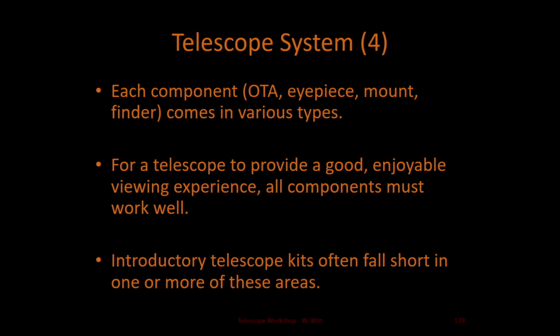Each of these components, the optical telescope assembly, the eyepiece, and so on, come in various types. We'll talk about those. For a telescope to provide a good, enjoyable experience, all of these components must work well. That's often a failure of these department store kits. Maybe the optical tube is good, but the eyepieces are junk, and so you don't really get a good solution that way. That's why we tell you to stay away from those things.